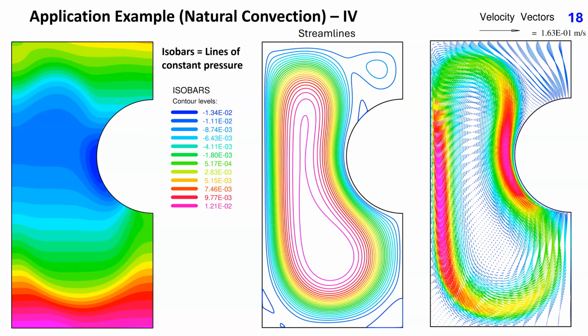This slide shows isobars, that is, the lines of constant pressure, streamlines, and velocity vectors in the cavity. The gravity alone would lead to pressure increasing from top to bottom in the direction of gravity vector. Due to fluid motion, we see that the lowest pressure is obtained at the cylinder wall, where the highest velocity is obtained.